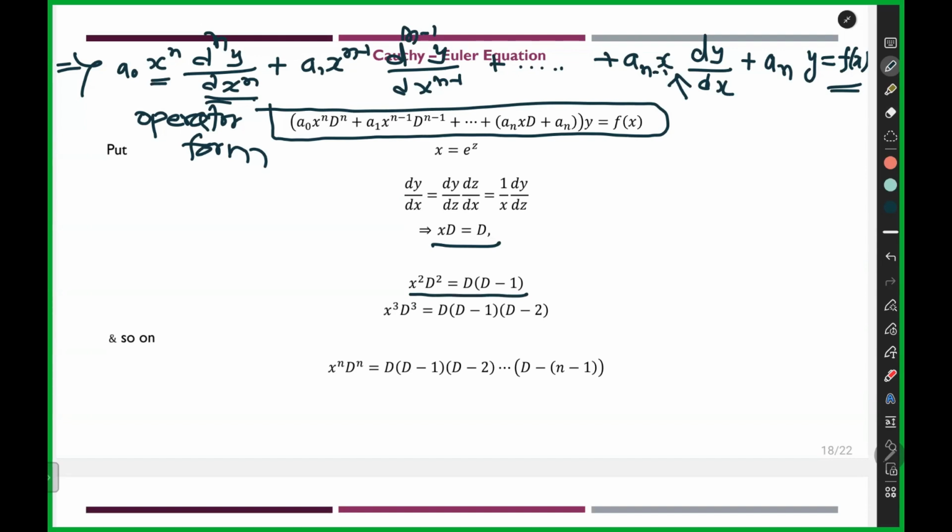But how do you get this form? You put x equals e to the power z. So you are substituting x as e to the power z, and you have the operator dy by dx.